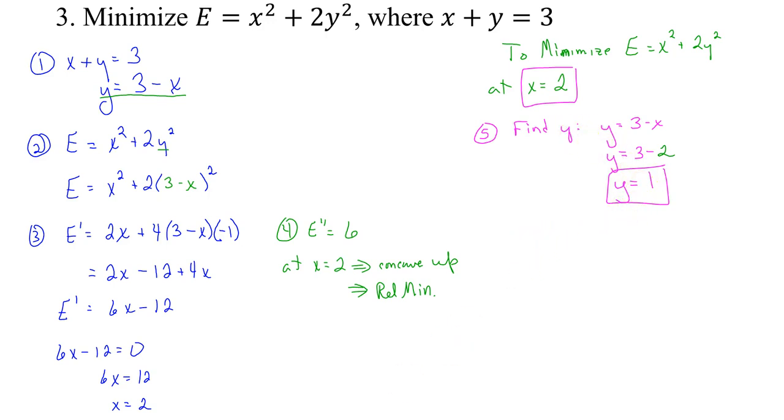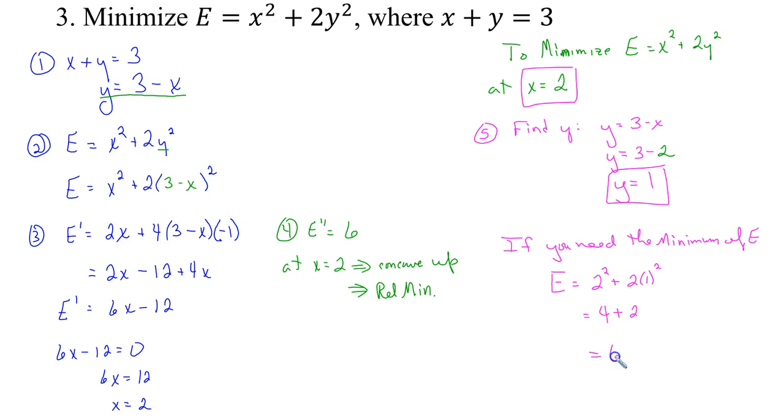If you need the minimum value, so the minimum of this expression e, this function e, then we would use e is equal to, and we would go back here and we would say 2 squared plus 2 times 1 squared, and this would be 4 plus, remember the 1's the only thing that's squared, 2.